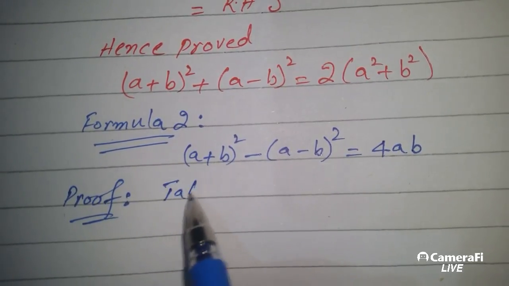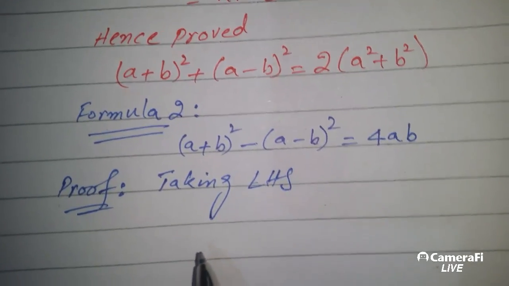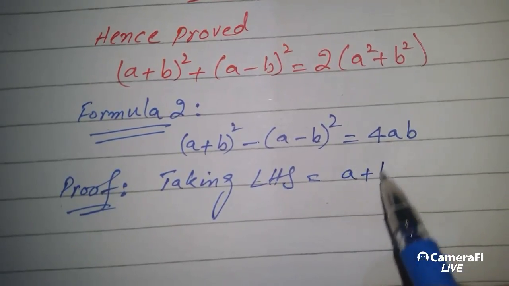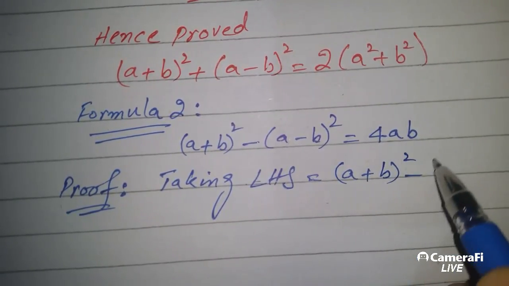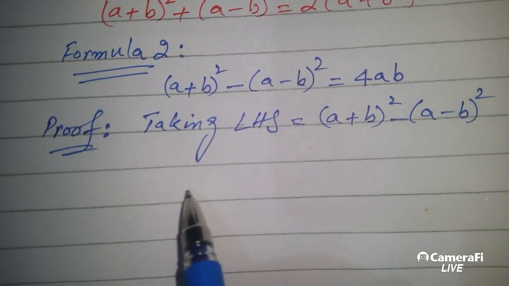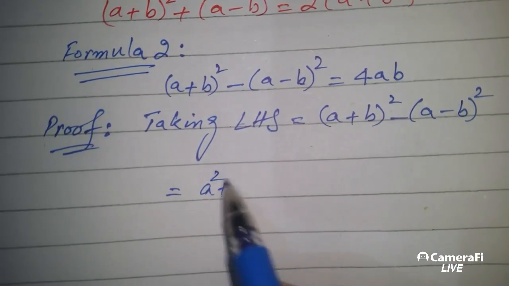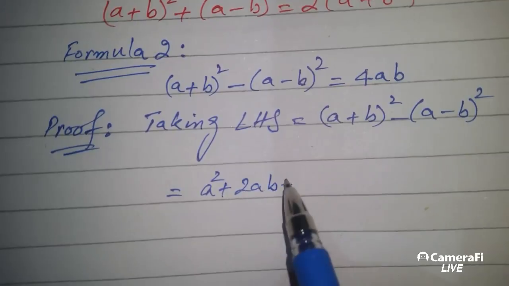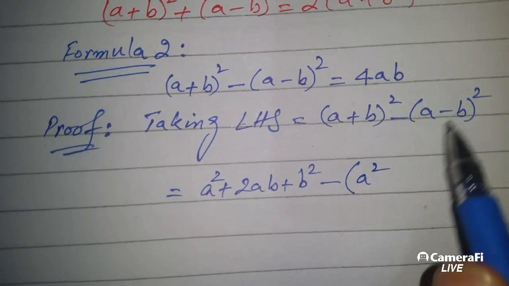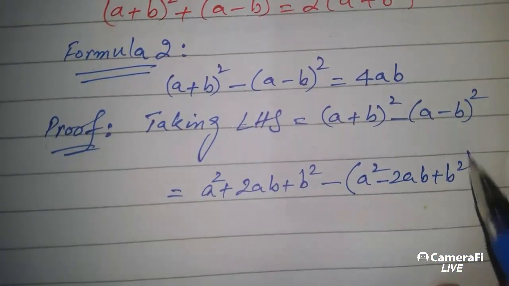Let's take the left hand side, LHS, and expand this one as well. (a plus b) whole square equals a square plus 2ab plus b square. (a minus b) whole square becomes a square minus 2ab plus b square.